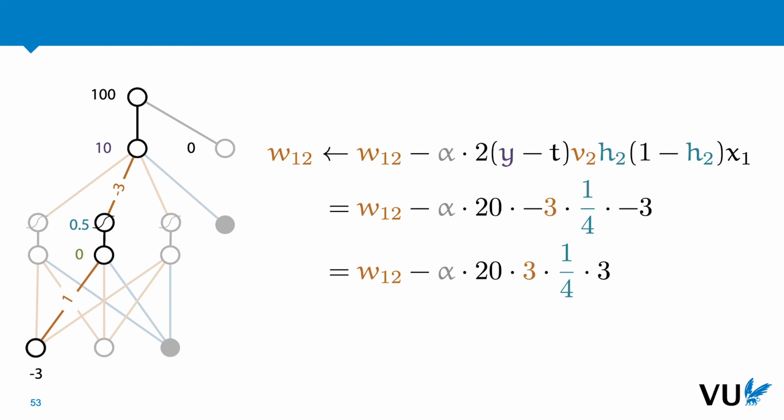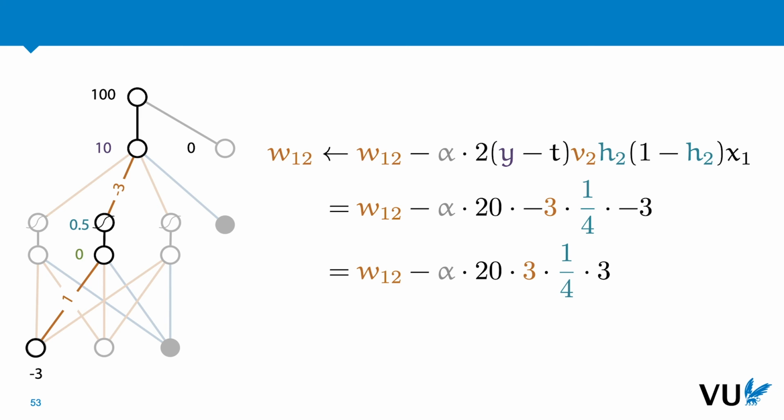But for now, we can just move down and see what the effect is on our last parameter that we can actually change, which is this familiar update rule for W12, which we've seen before. If we fill in our values, we see that there are now two negatives. The input of x1 is -3, that's a negative, and the weight from h2 to y is negative.